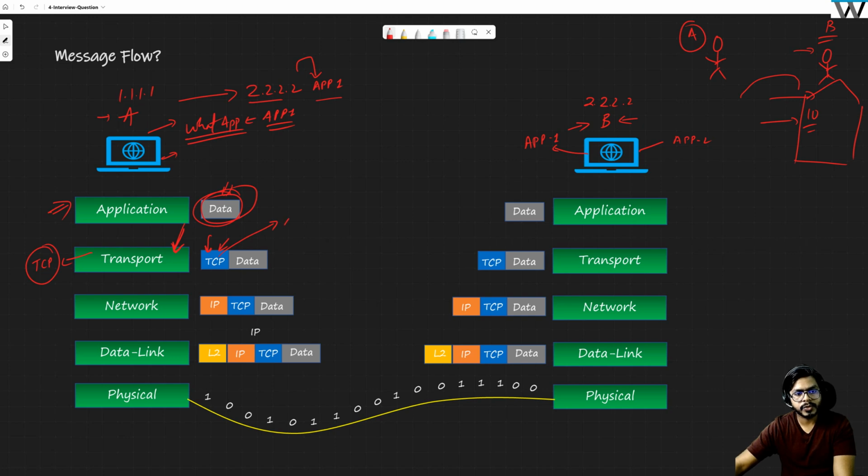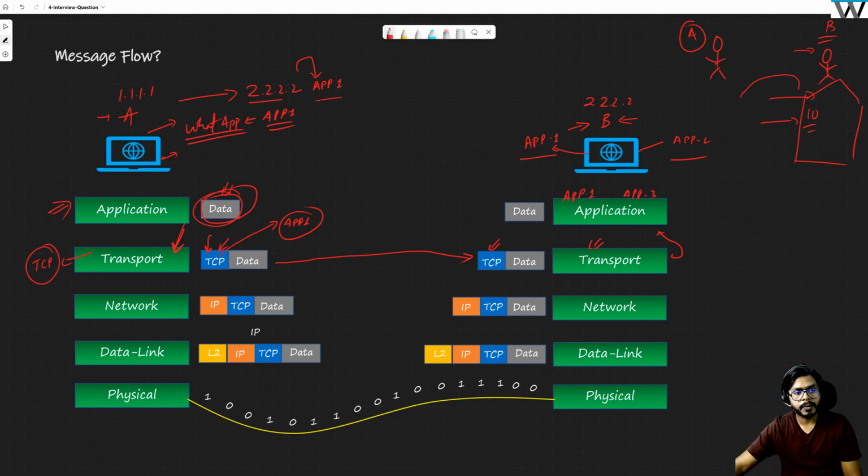That it wants to talk to app 1. Because once this message reaches here, the transport layer can understand this TCP header. It is going to check, okay, this message is for application 1, and that is why it is going to deliver it to application 1, because there might be more than one application running here: app 1, app 2, app 3, many.